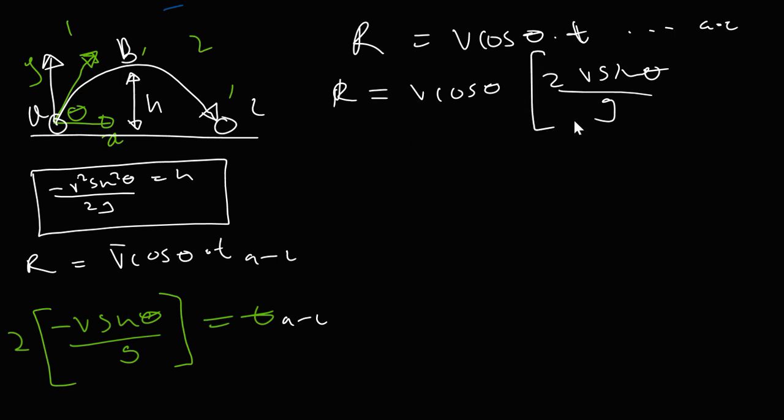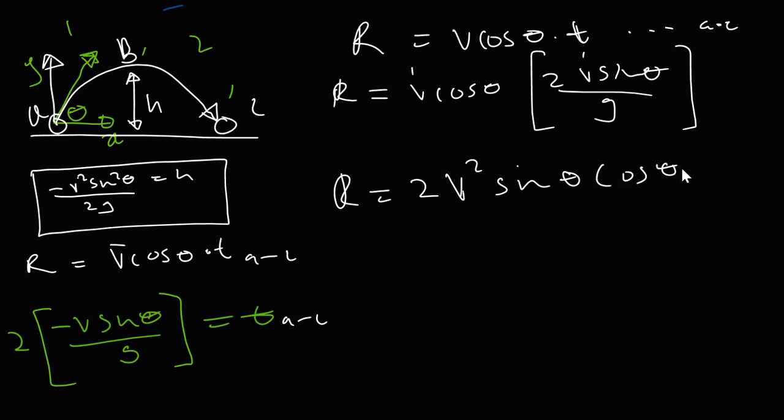I'm putting this in the space of T. So now I can simplify it. I'll have this times this. If I have V here, I also have V here, then I have 2V squared. And I have this and this here: sine theta cos theta, all over G.